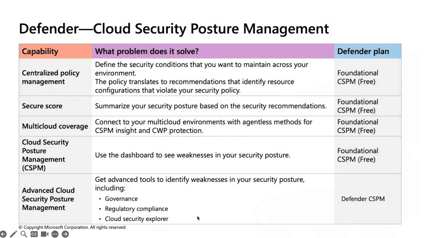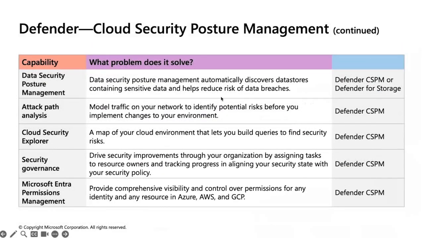These pages will be available in your Defender CSPM feature if you purchase it. Also, you get more capabilities: data security posture management, attack path analysis, cloud security explorer, security governance, Microsoft Entra permission management. These all things come under the Defender CSPM plan.